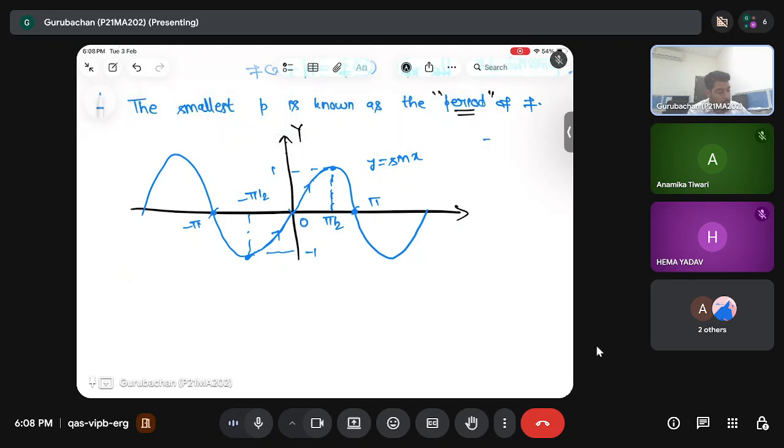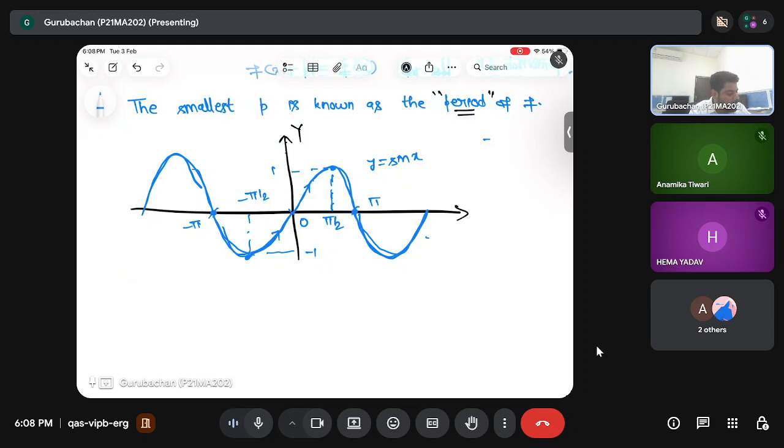After this pi, it starts repeating. This portion is a repetition of this one, and this portion is a repetition of this one. So that means sin x has a certain period and it's a periodic function.